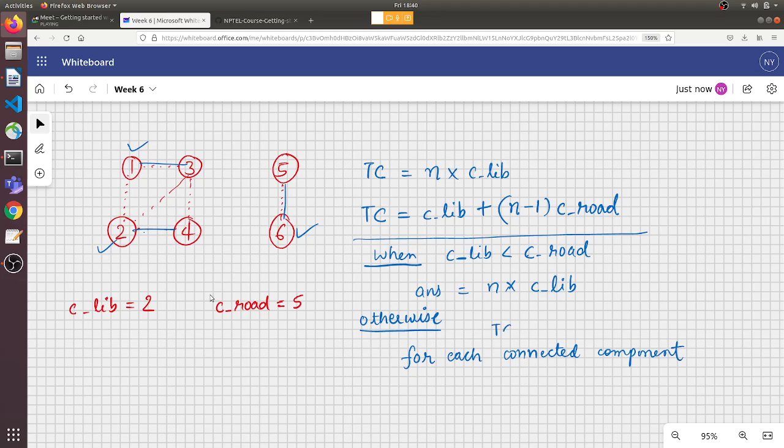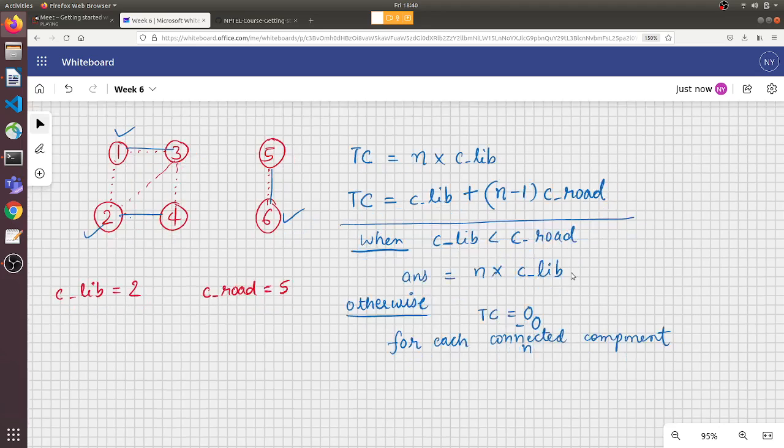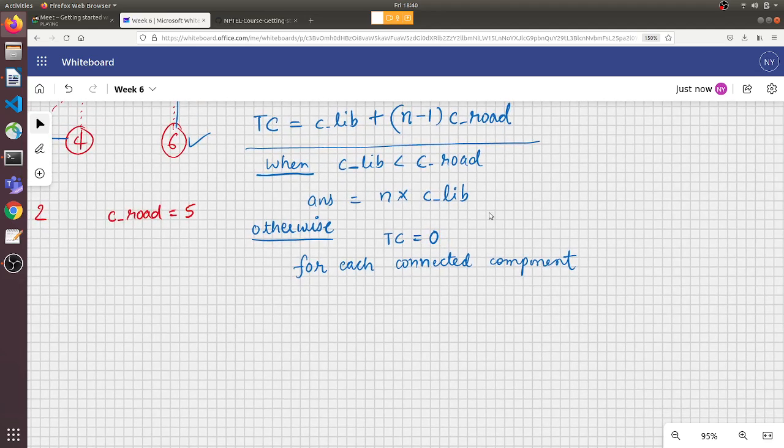Yeah, so total cost is initially, let's say, 0. Then for each connected component we are going to add to total cost the cost of a library. We'll build one library, and let's say the size of the connected component is s, then s minus 1 times the cost of a road.